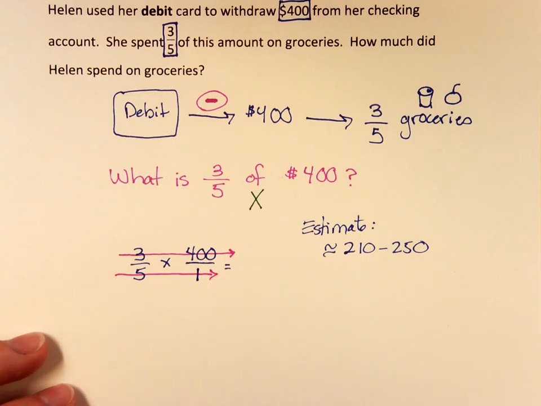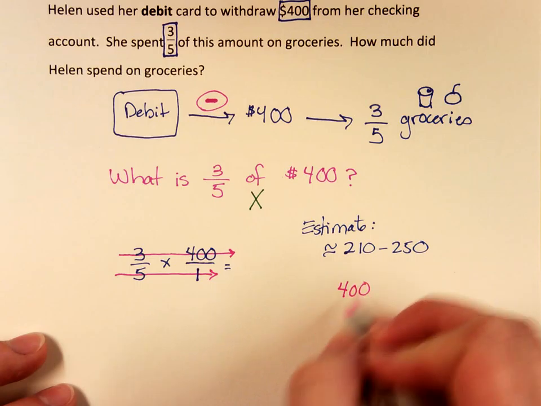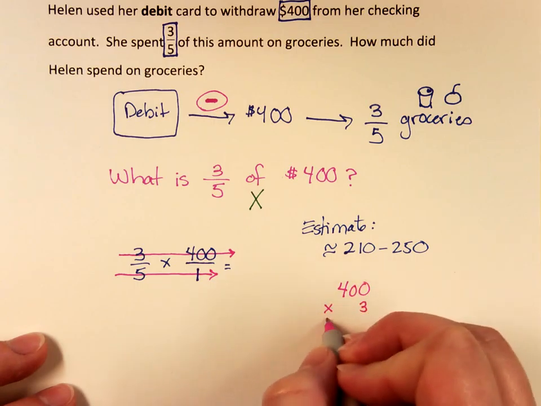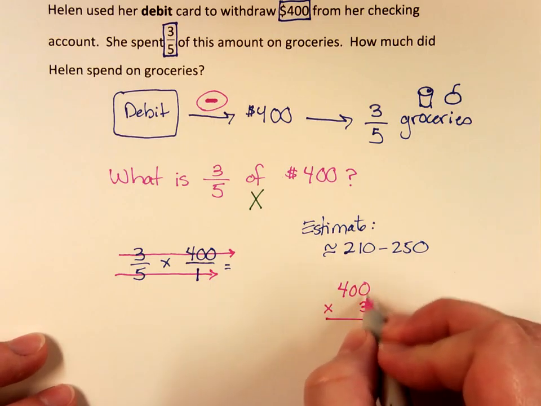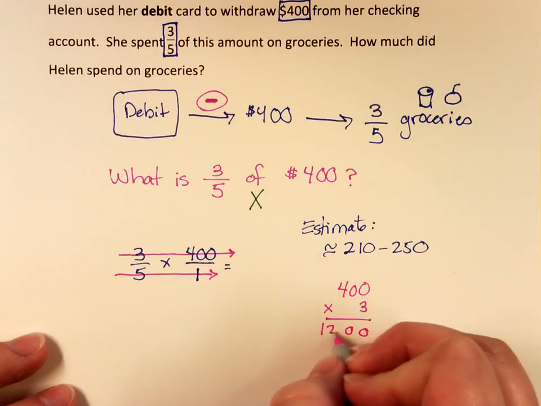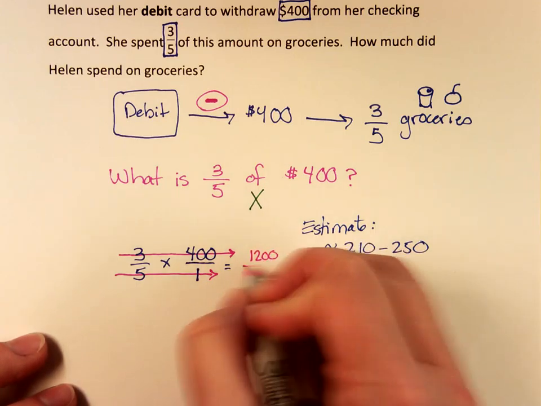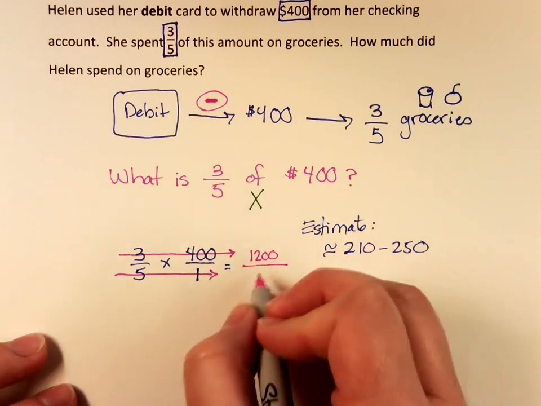Multiply the denominators. So let's do 400 times 3. You could use a calculator, but we'll do it longhand. 0 times 3 is 0, 0 times 3 is 0, 4 times 3 is 12. So 1200 goes on the top. 5 times 1 is 5.